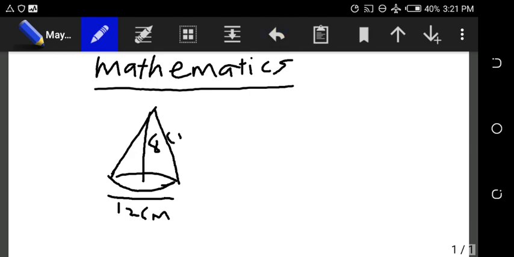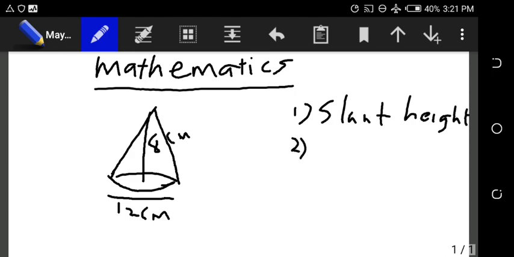Now we are to calculate, one, the slant height; two, the volume; and three, the surface area of the cone.